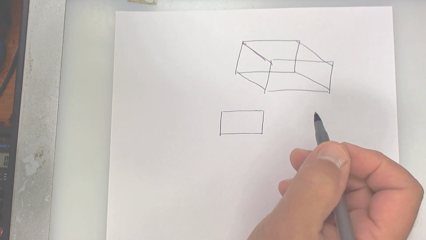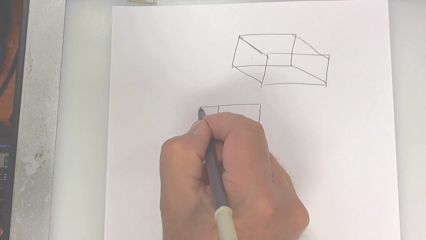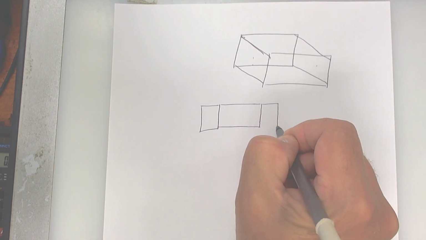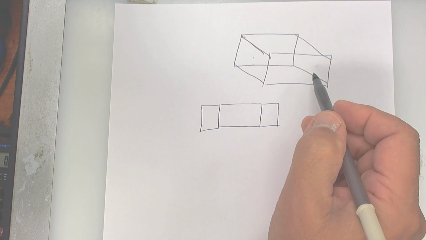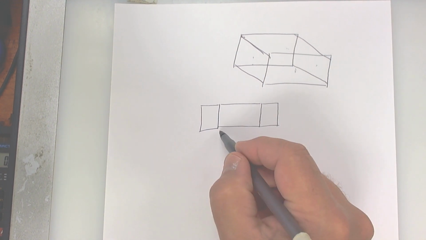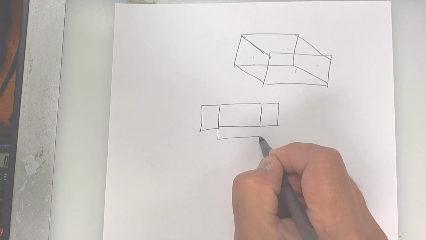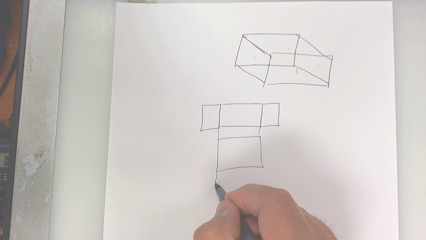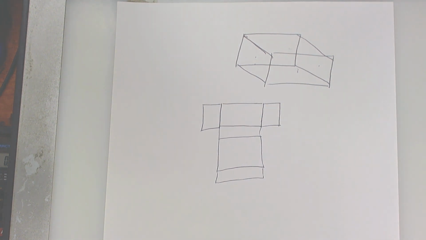Okay. This side would be over here. This right side would be over here. You would have the front, the top, and the back. Okay? And if you roll that up, you get the box.